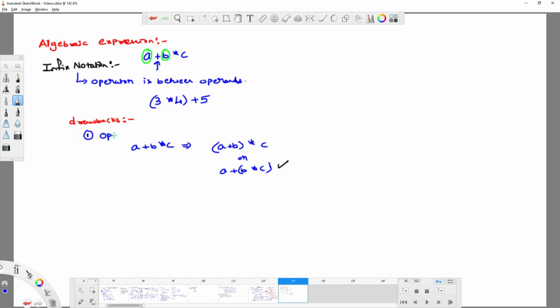So what is the drawback with infix notation? One is operator precedence confusion, which means every time it has to check which operator has the highest precedence, and we have to define precedence rules for it. Even if I take 3 into 4 plus 5, what is your answer?